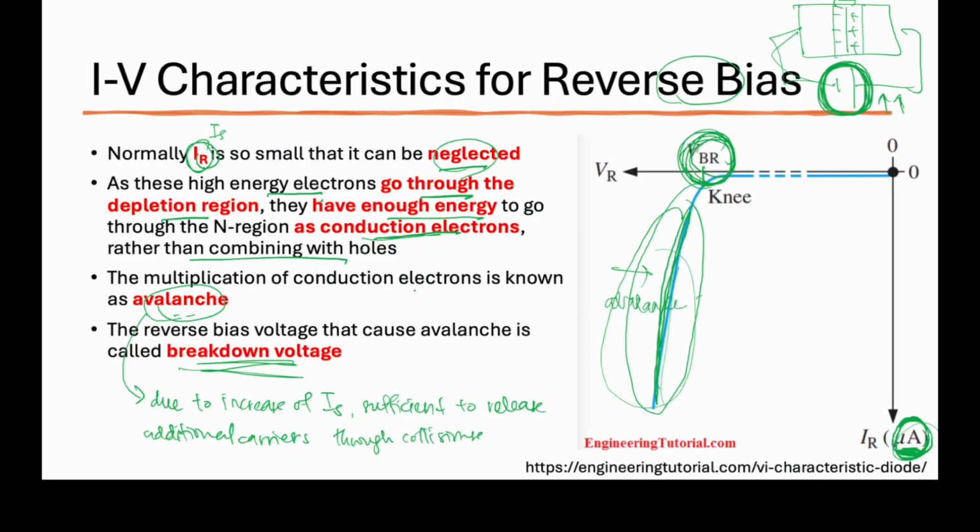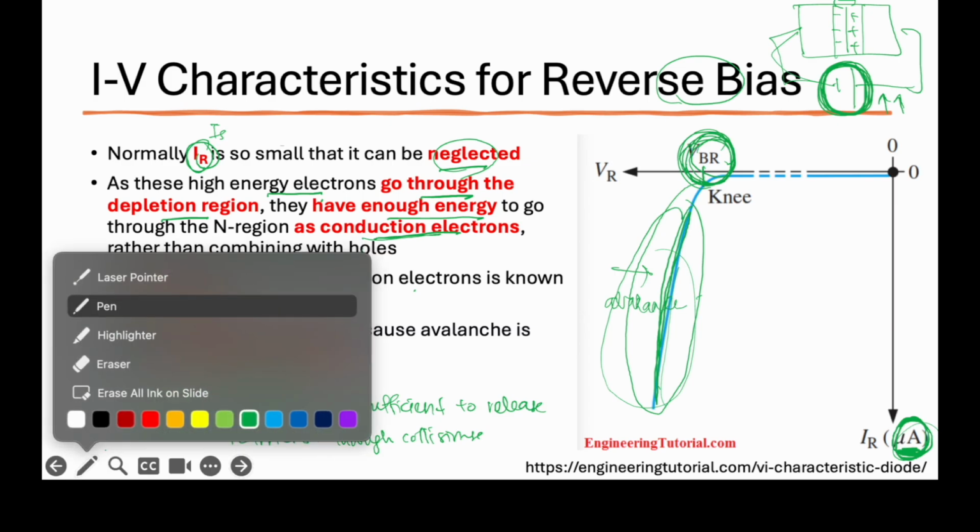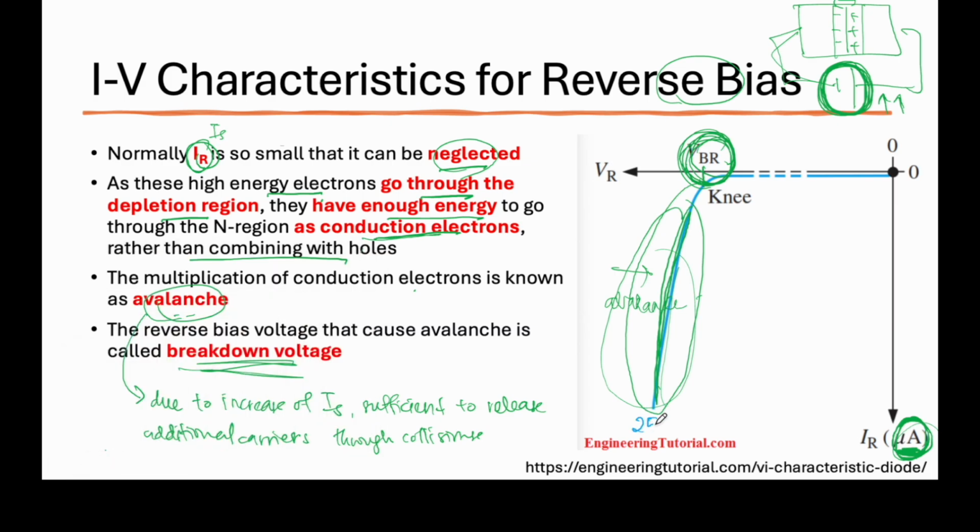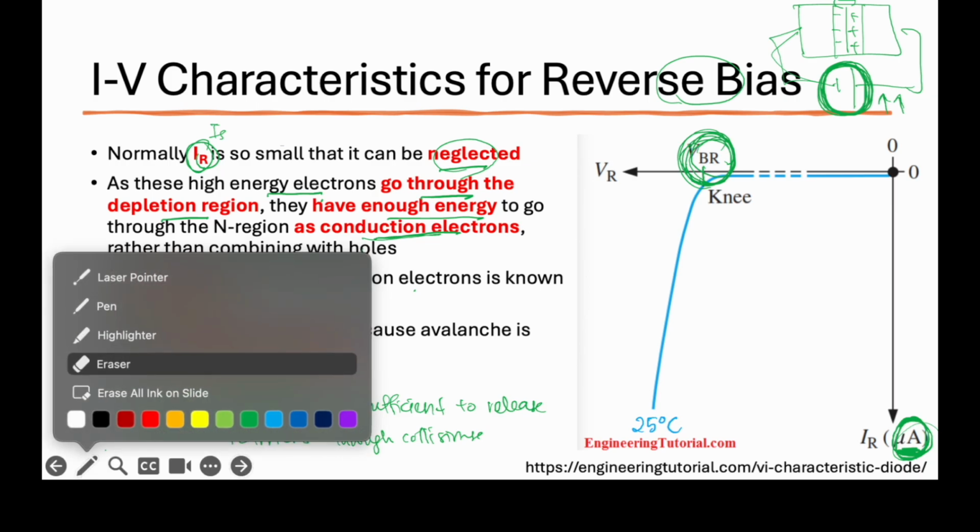How about at the reverse bias? In this situation, this is at normal room temperature, 25. Let's erase this. But let's say we want to increase the temperature.